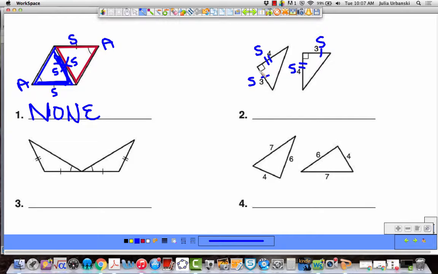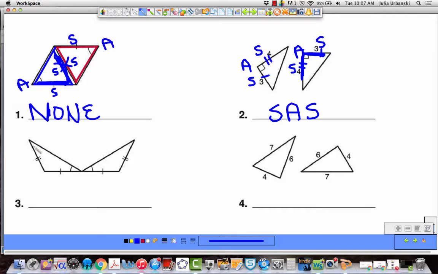Is that angle right in between them? Yes. So this time, see how we do have side, and then angle, and then side? Okay, this one works, because the angle is right in between where the two sides meet. That's where the angle has to be, because the angle has to be right in between the two S's.